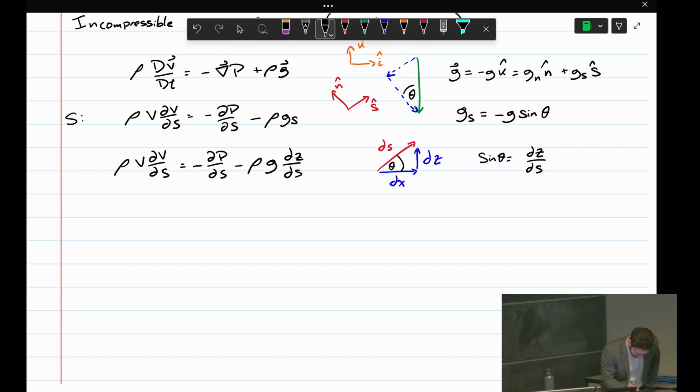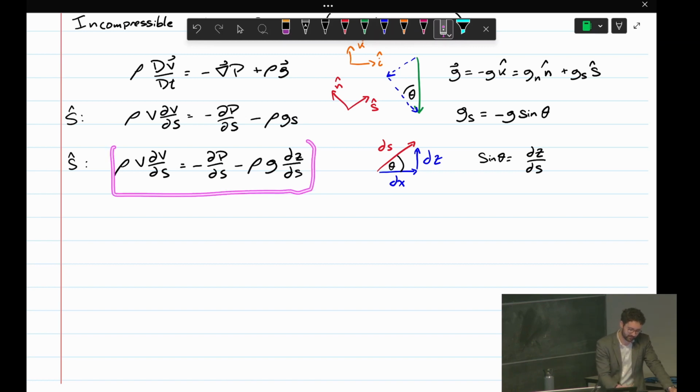Again, this is the s hat component. So rho gs is rho g dz ds, where z is our vertical coordinate and ds is our tangential coordinate. So we have variables coming from two different coordinate frames being expressed in this equation, which is interesting. Okay.